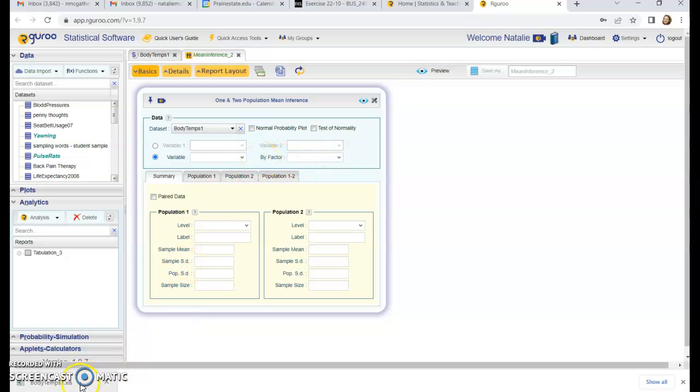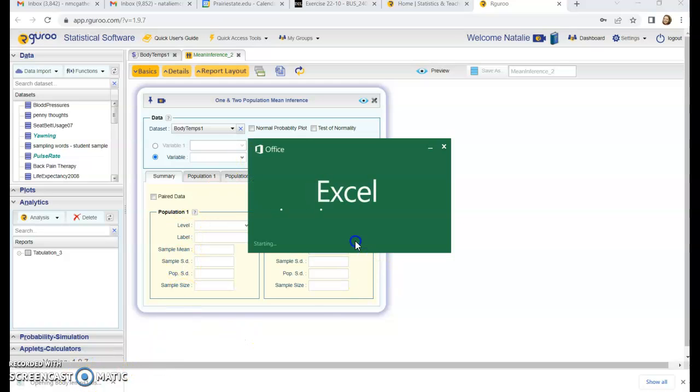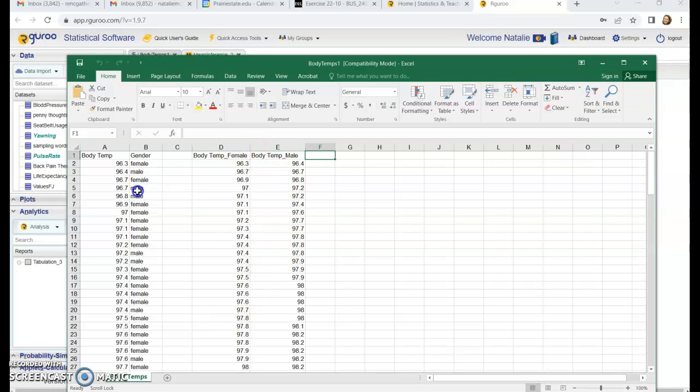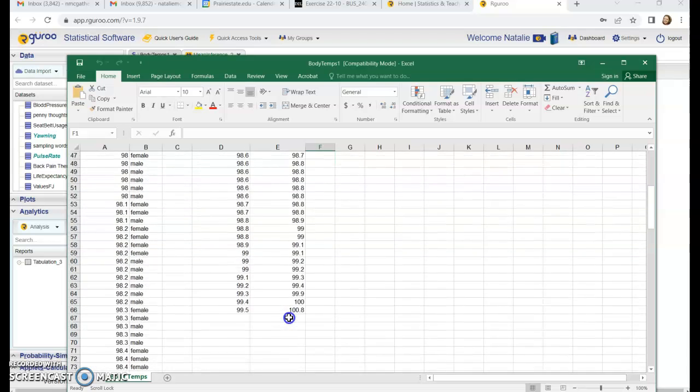The reason is because if I look at my raw data, you've got the body temp and the gender. So body temperature and gender. I guess it also has body temp female and body temp male listed there.